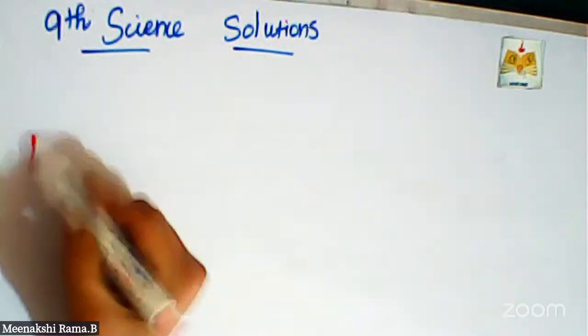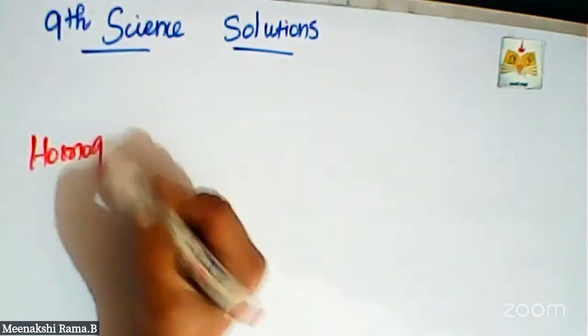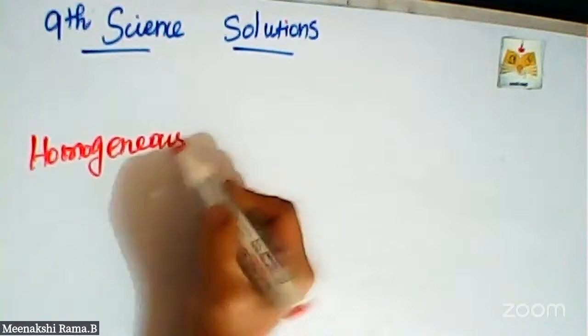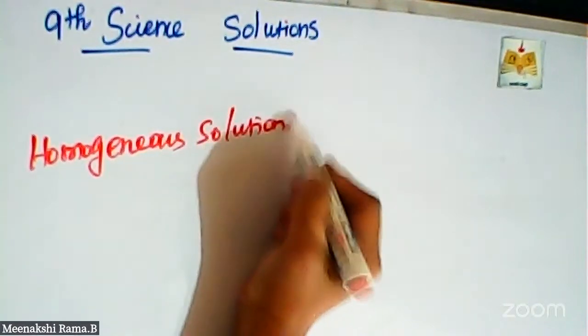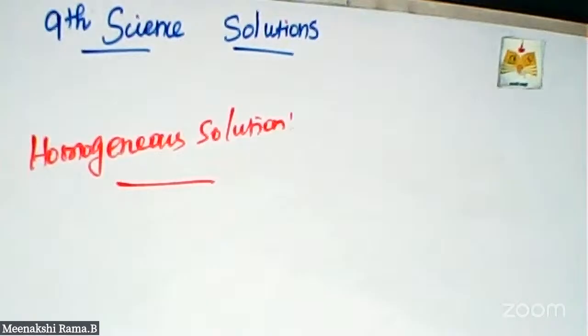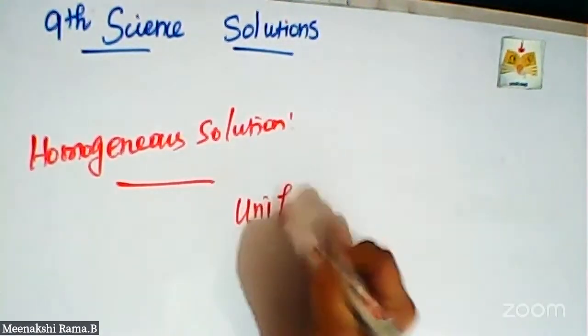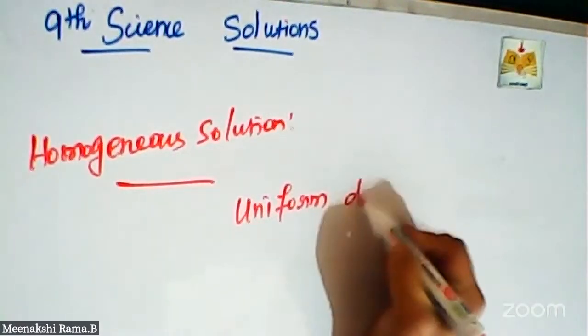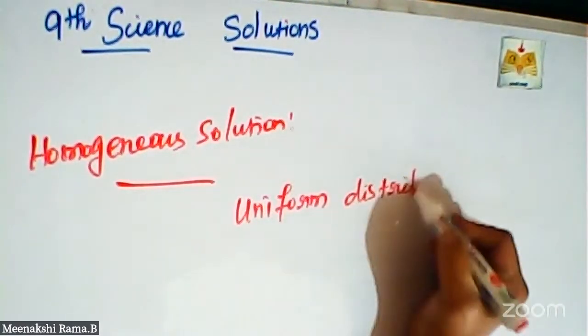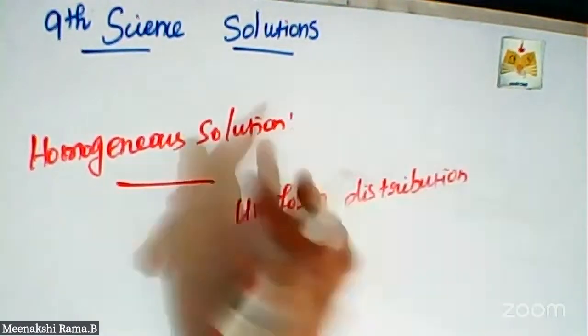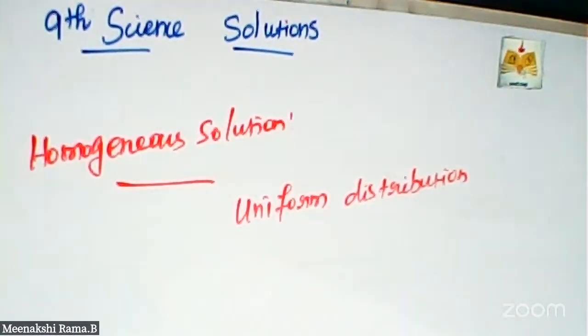Homogeneous solution is one kind of solution. Homogeneous means one kind. The solute is distributed uniformly throughout the solvent.